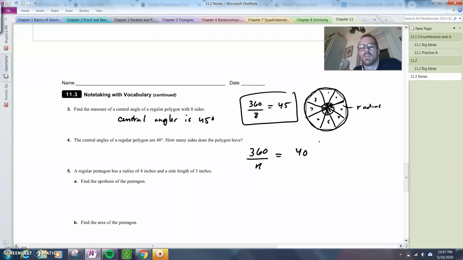Well, what would this number be? Another way you could figure this out is to just take 360 divided by 40. That's going to get you 90, or excuse me, that's going to get you 9. So you know that this is a 9-sided figure. There's 9 little triangles that break up that polygon.